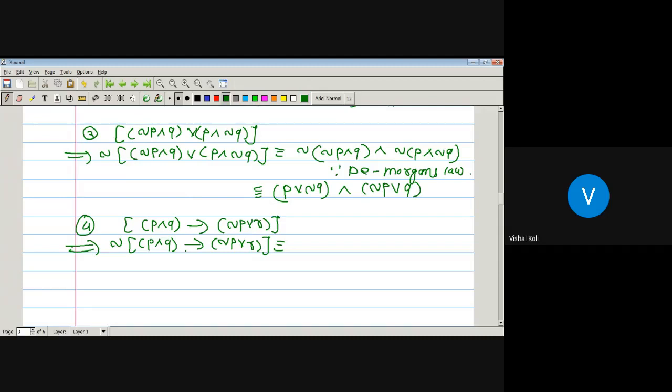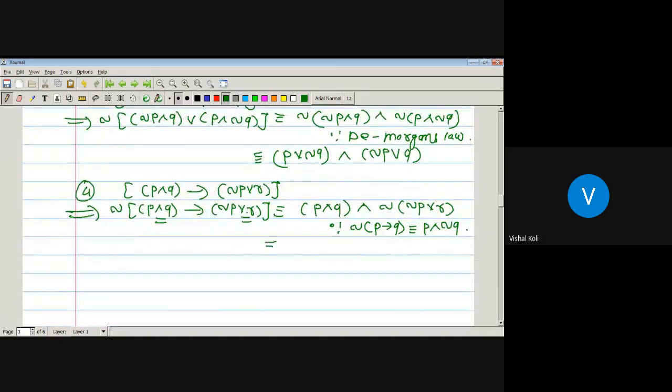We know that if P conditional Q is a compound statement, then its negation will be P and negation of Q. So here take this one as P and this one as Q. So its negation will be P and Q, and negation of the second one, negation of P or R. This comes from the statement that negation of P conditional Q is nothing but P and negation of Q. So we have just used this one.